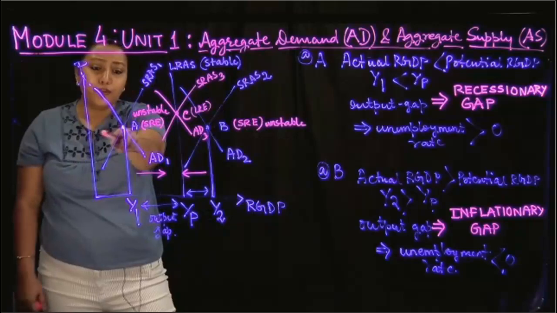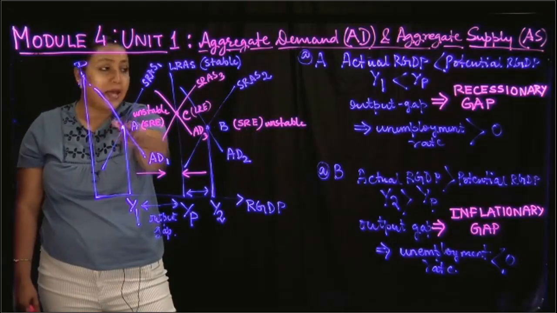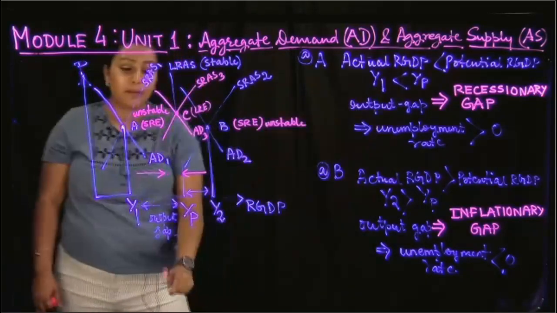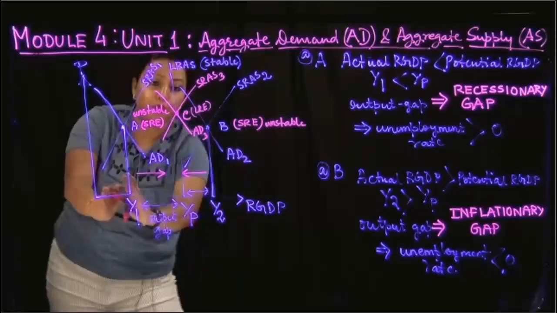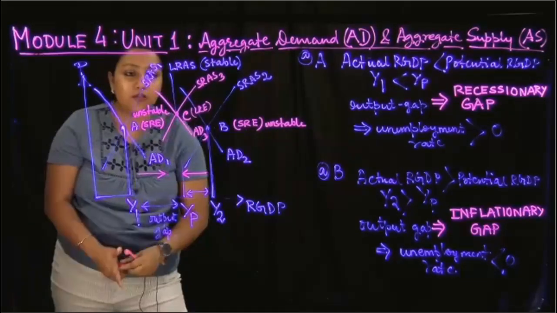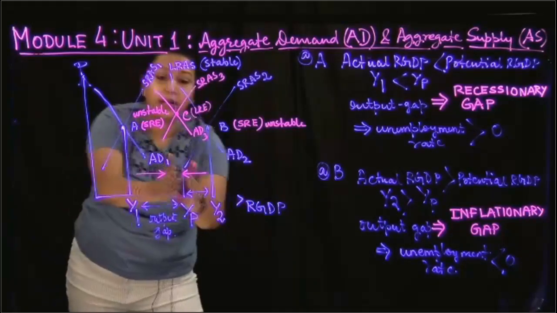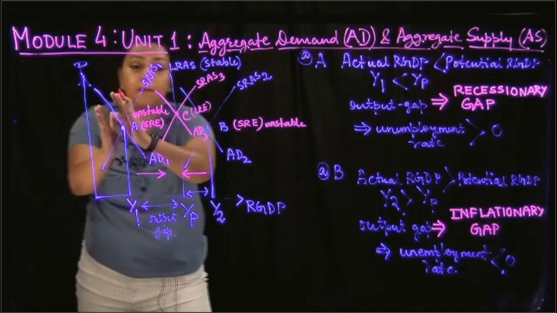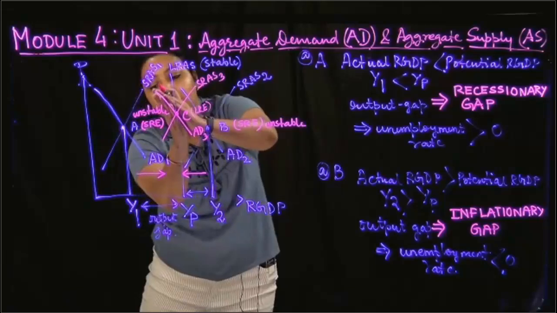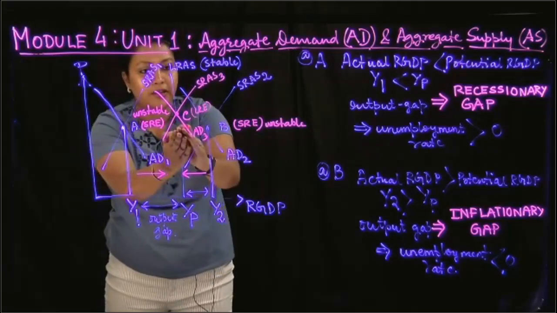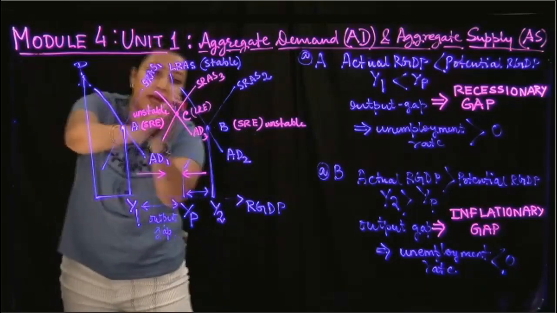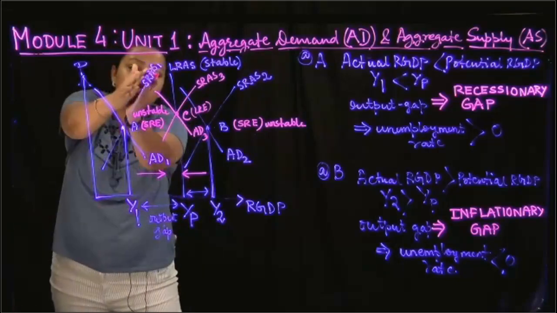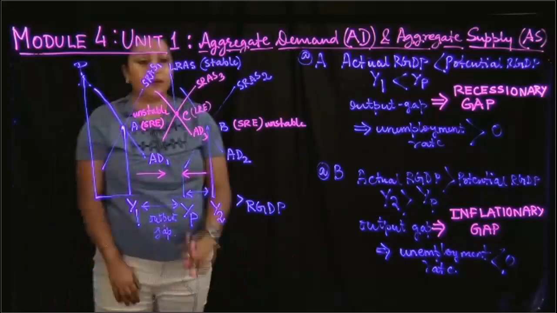Okay, so if your economy is at point A, you have a recessionary gap, then to remove that gap, your economy has to move here. It has to go rightward, and to go rightward to a point like C, your economy can do that by either shifting the AD curve to the right from AD1 to AD3, or by shifting the SRAS curve to the right from SRAS1 to SRAS3, right?